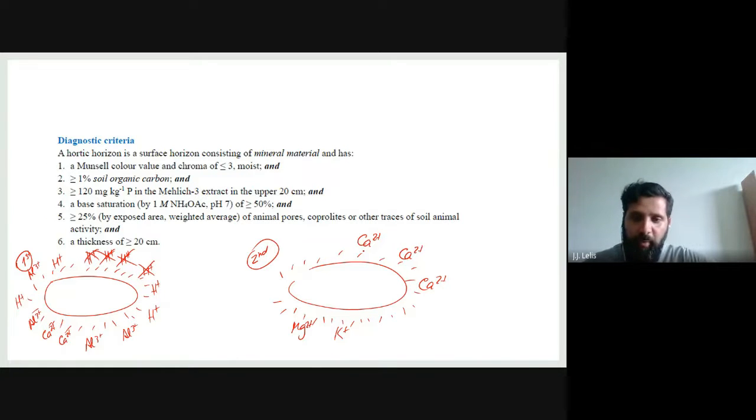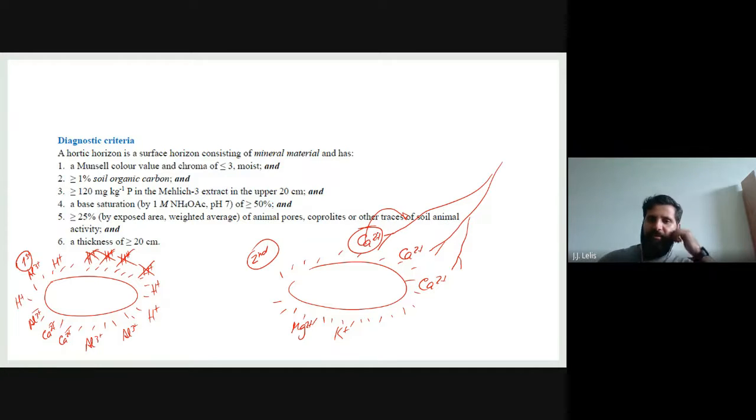Why? Because once these nutrients are absorbed on this clay surface, the plants can access them. So the roots can access this calcium or potassium or magnesium and grow, okay?